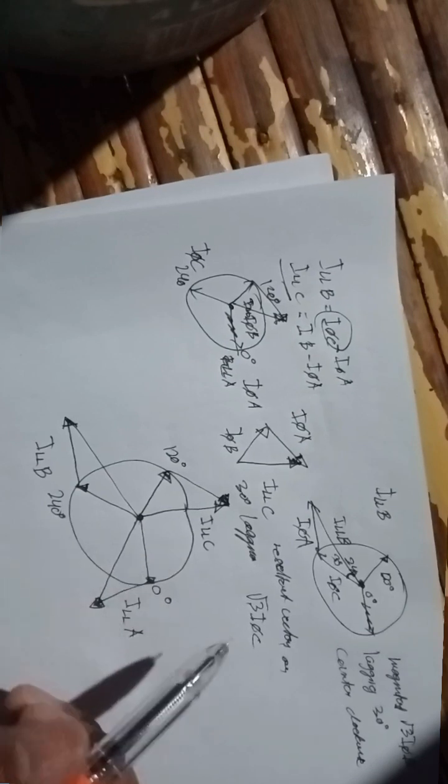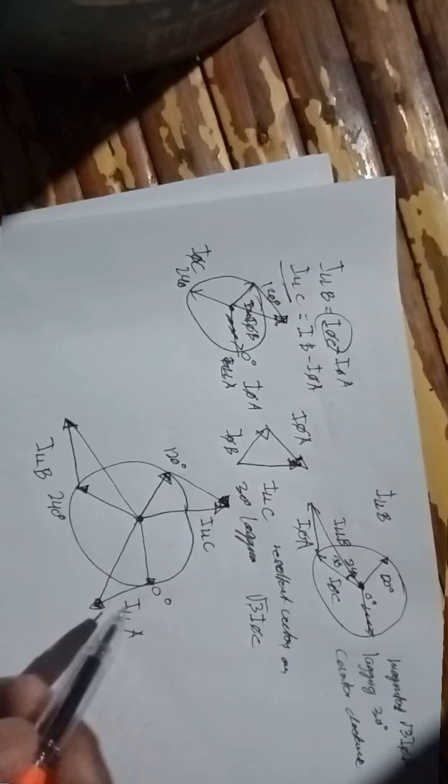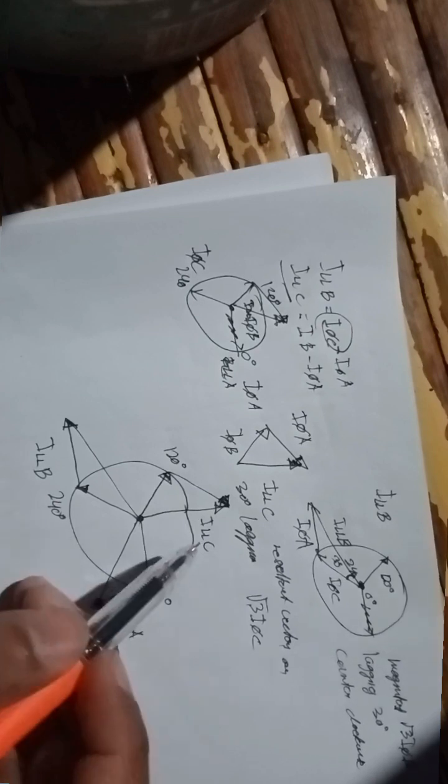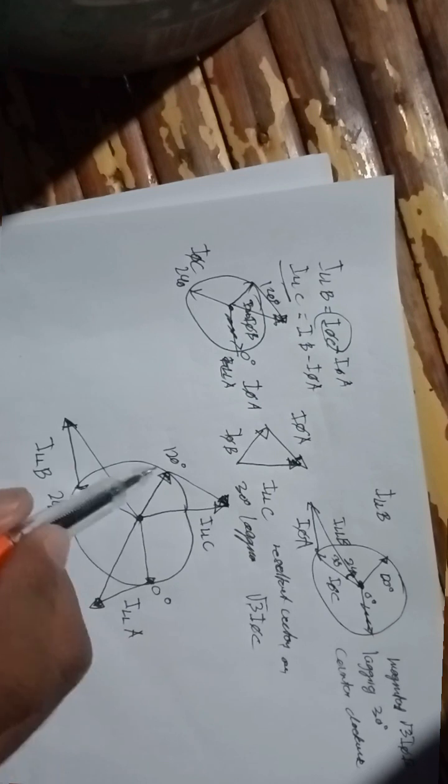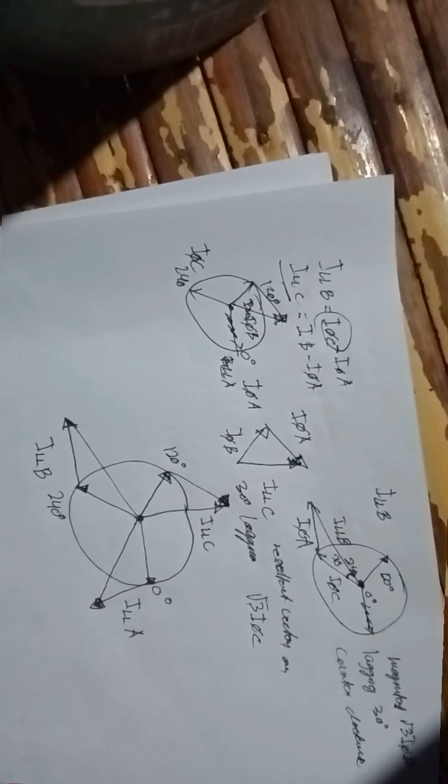So we added all our equation. So this will be the line to line A, line to line B, line to line C, which have 240 degree, 120 degree, and 0 degree.